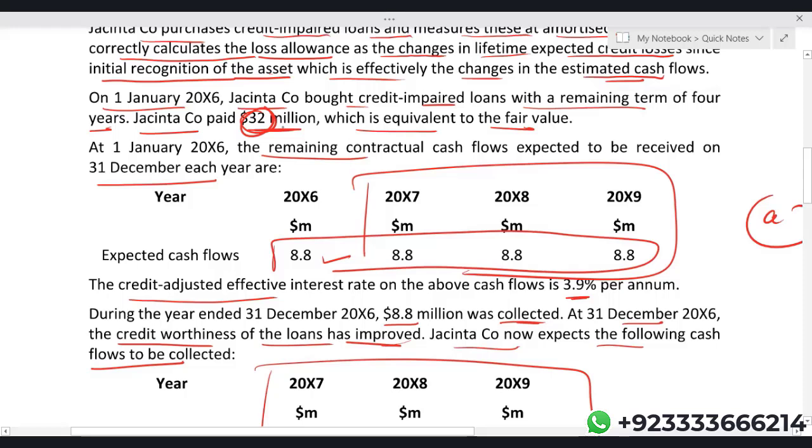You have purchased the credit impaired loans. So initially, you will keep this at 32 million at the purchase price.